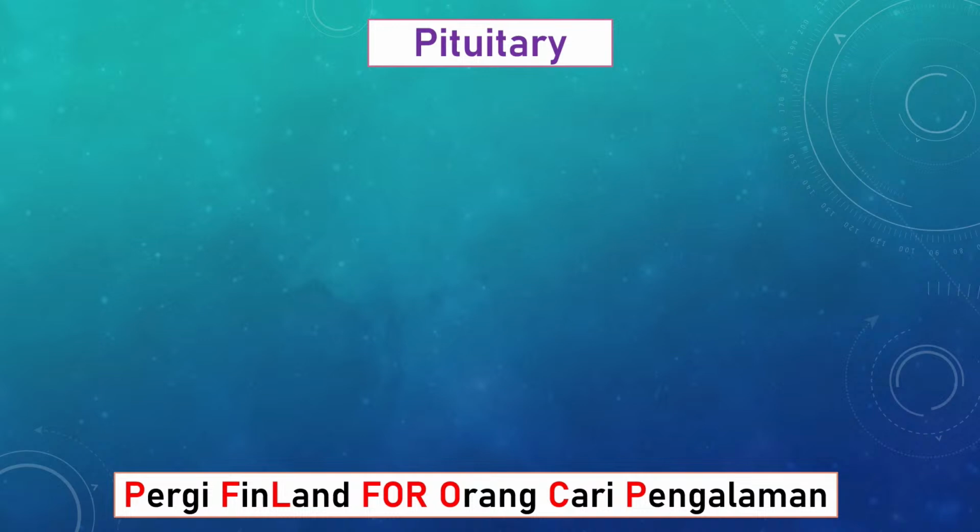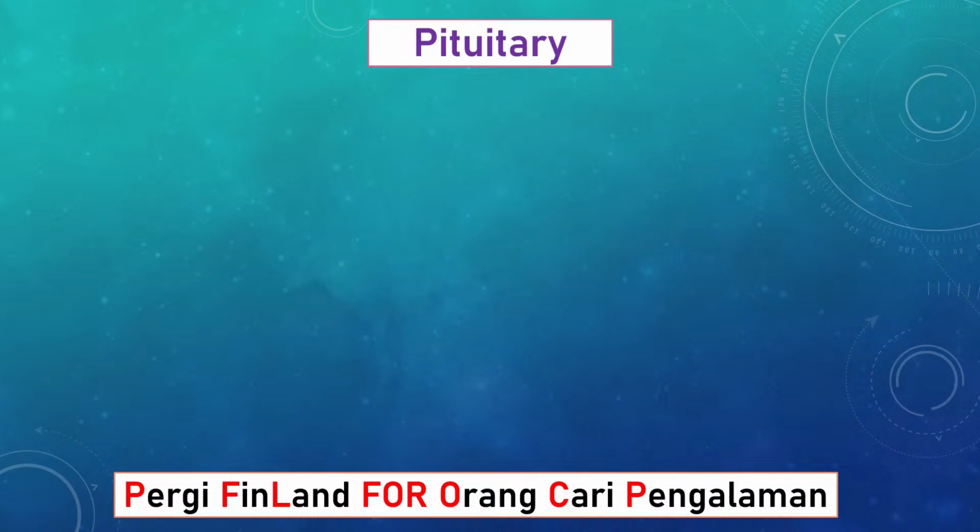If you think orang cari pengalaman so blunt like that, never mind. Maybe we can say pergi Finland for original chicken pie. You can say that. Anything that makes it easy for you to remember the phrase. So let's say pergi Finland for original chicken pie.